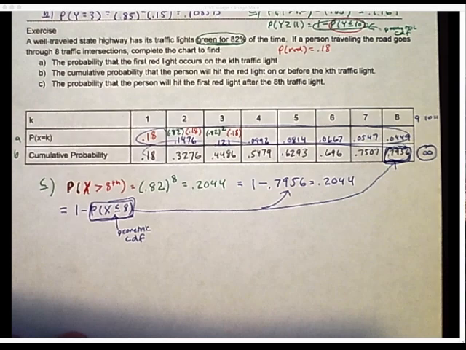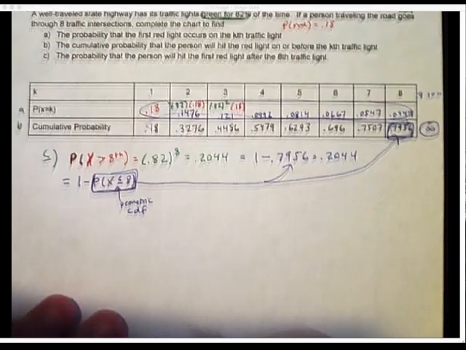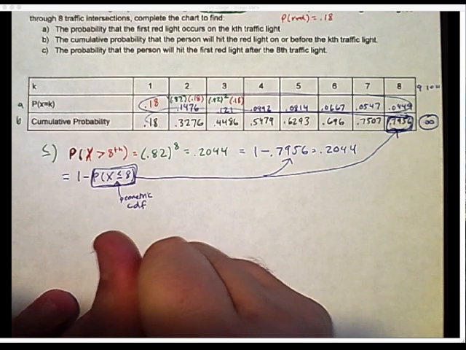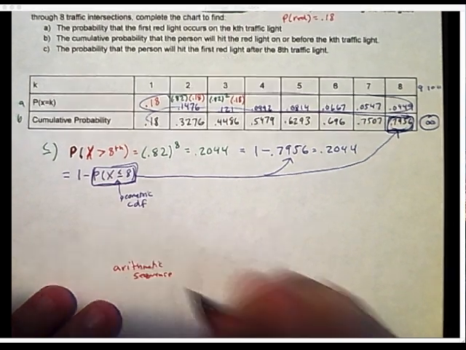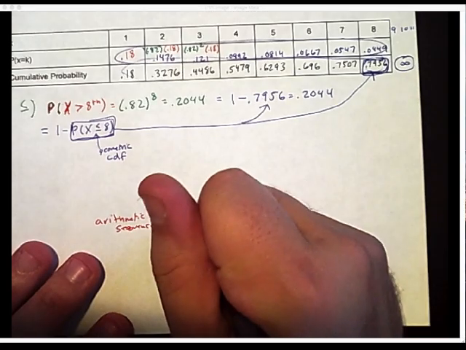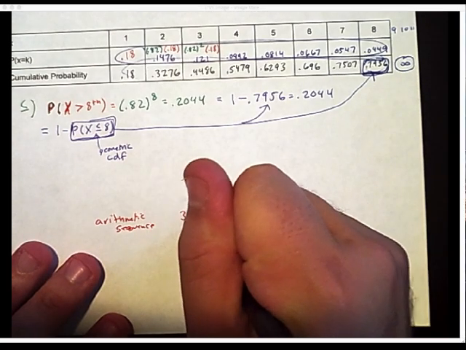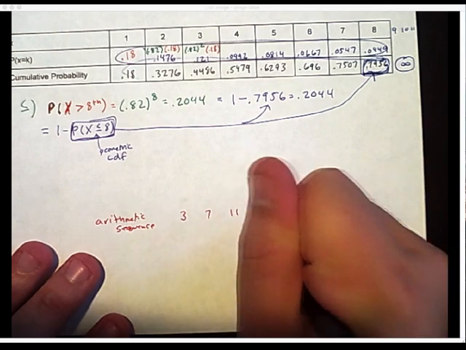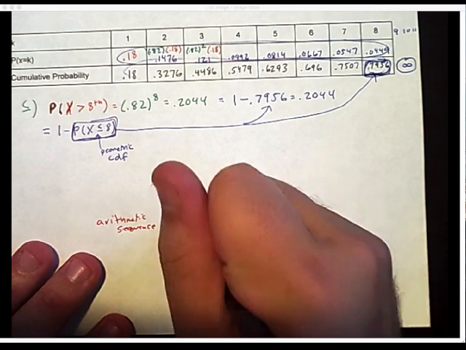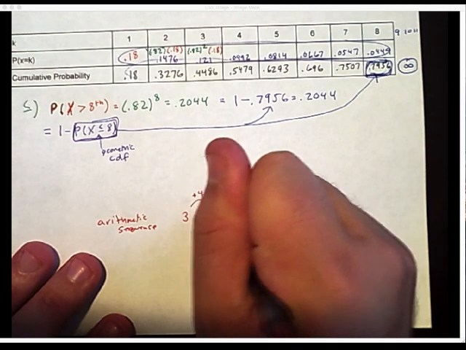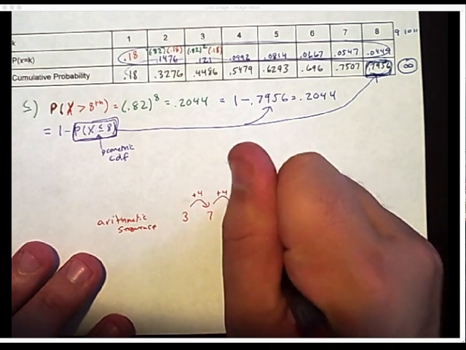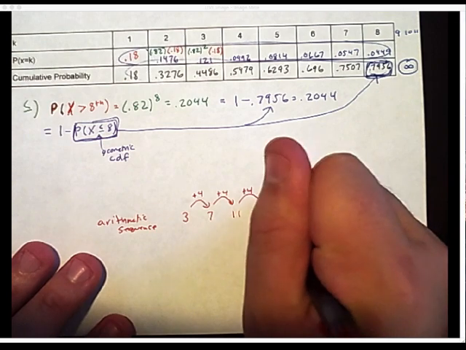All right, so like if we have just a brief aside. So if we have an arithmetic sequence, for instance, here's an example of an arithmetic sequence. 3, 7, 11, 15, 19. So you're adding the same number each time. That's why it's called arithmetic, because you're adding.